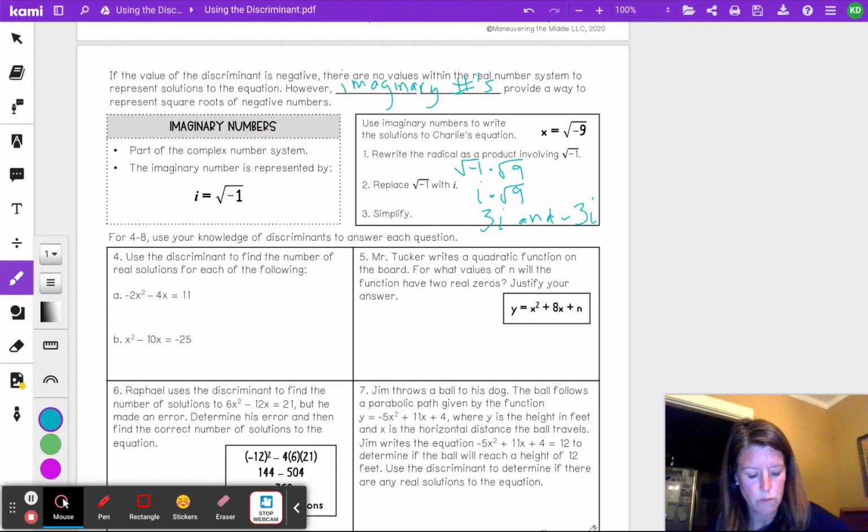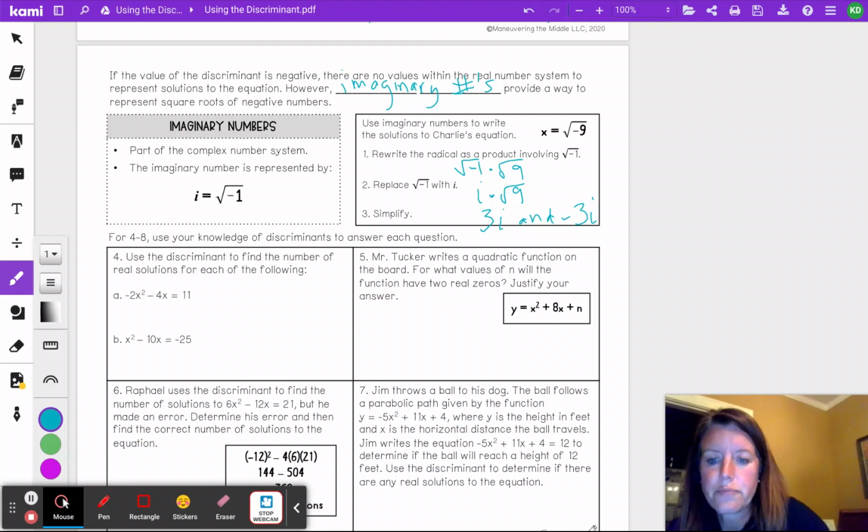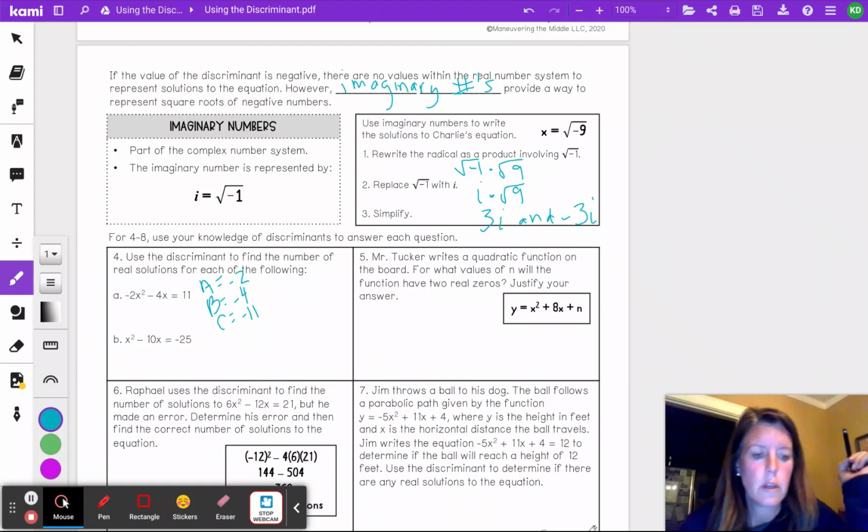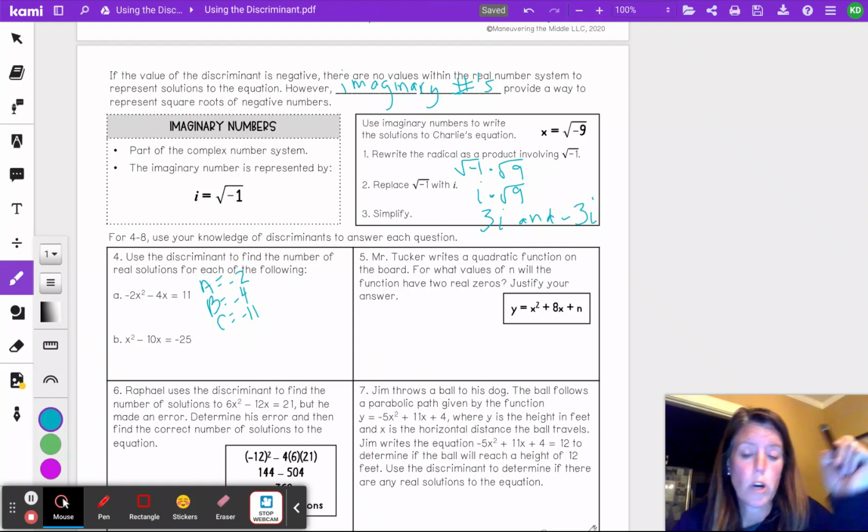So that would be -2x squared minus 4x minus 11. So your A for this is -2, B is -4, and C is -11. So now we're just going to use that B squared minus 4AC.